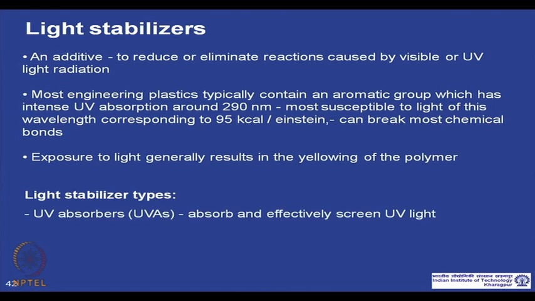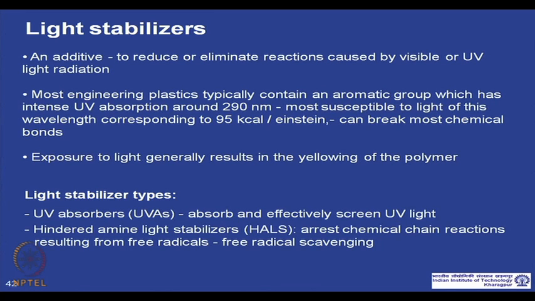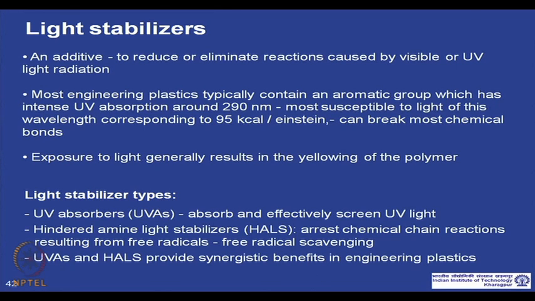So, you can use two or three types of UV stabilizers. One, UV absorbers, which absorb and effectively screen the UV light from interacting with the bulk of the polymer matrix. Another type of UV stabilizer is the hindered amine light stabilizer, HALS, which arrests the chemical chain reaction resulting from free radicals, basically free radical scavengers.